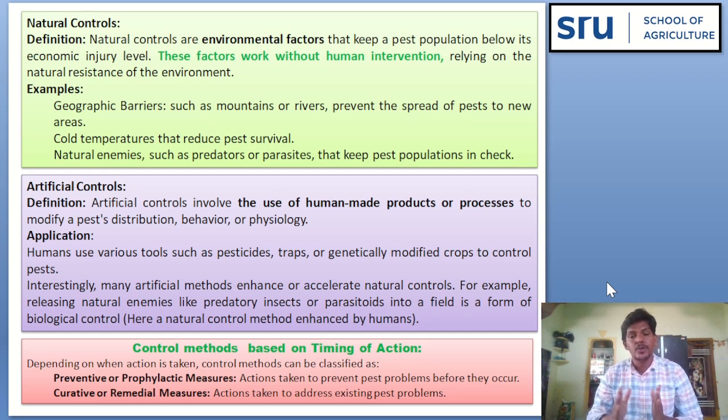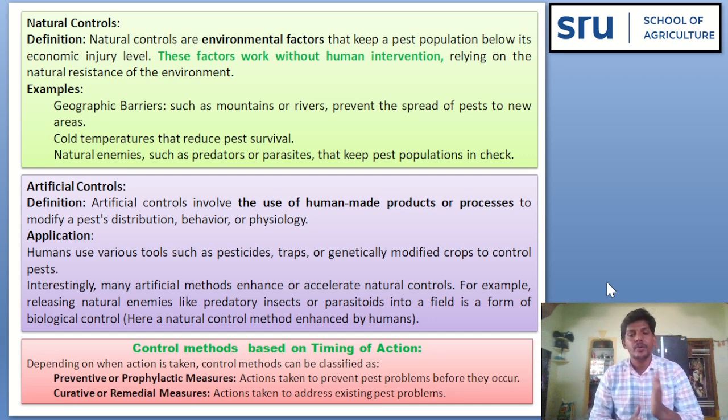Next, control methods based on timing of action. Based on timing of action, control methods are of two types: preventive or prophylactic measure, and curative or remedial measure.